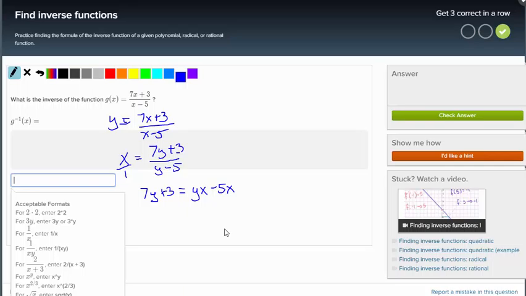Now, I want to get all the y's on one side and everything without a y on the other side. So I'm going to move this yx to the left and move this plus 3 to the right. I move it with a minus 3, though, right?